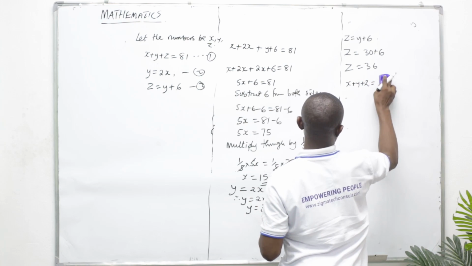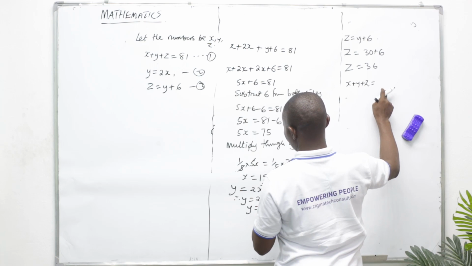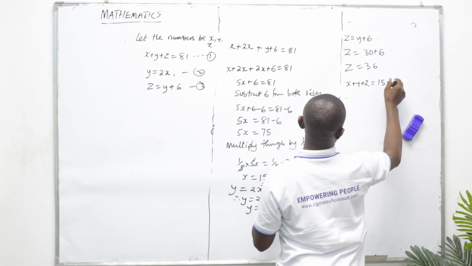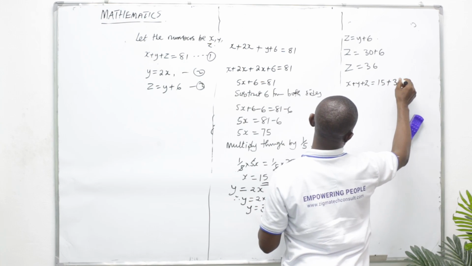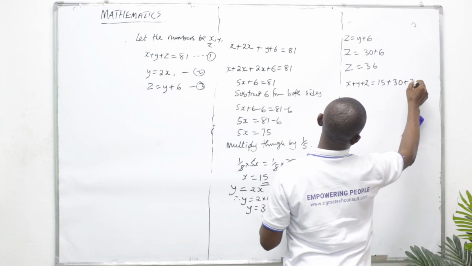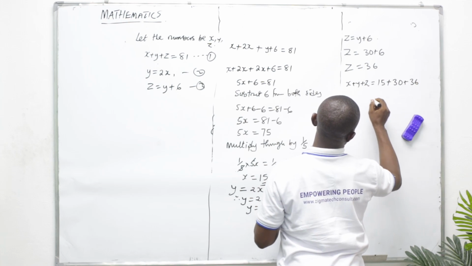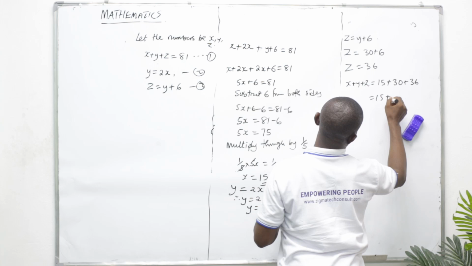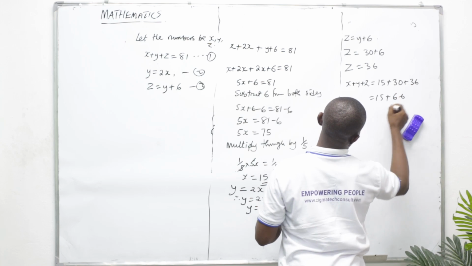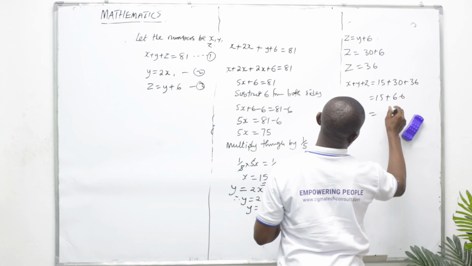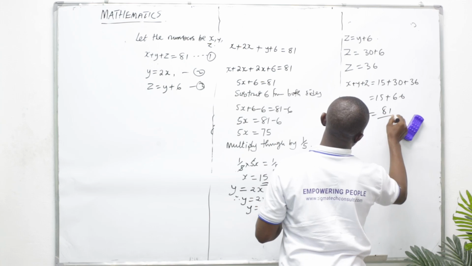Now, the sum X plus Y plus Z, we were told is 81. Now let's cross check. X is 15, Y is 30, Z is 36. 15 plus 30 plus 36 gives 81.